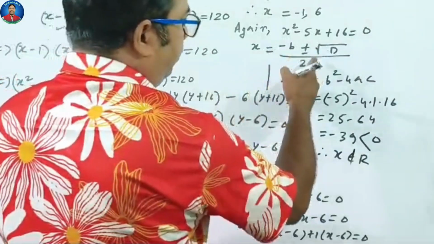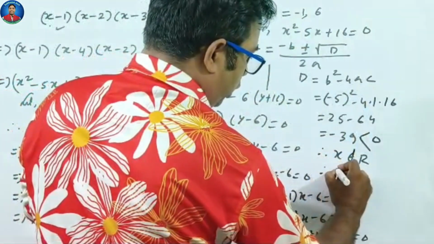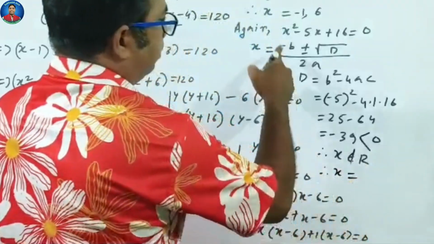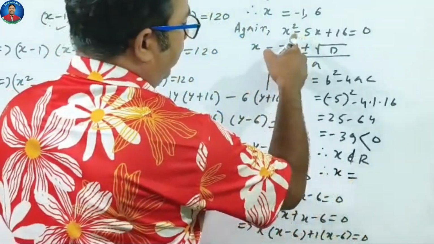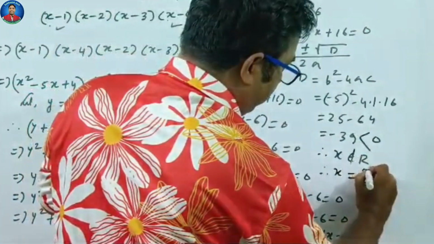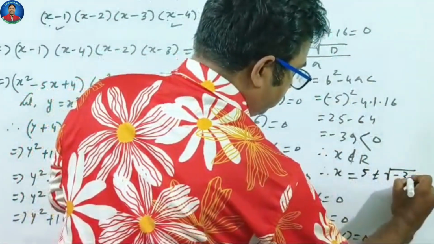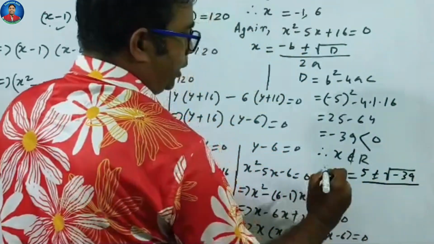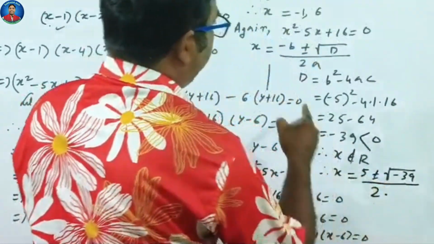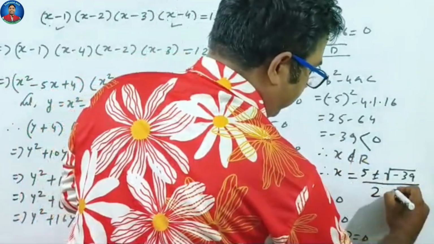So let us just put the value and find the x. What is the value of b? b is minus 5, so it will become 5 only. This is minus 39 by 2 into a. What is the value of a? a is 1. So this is 2 into 1, that is 2.